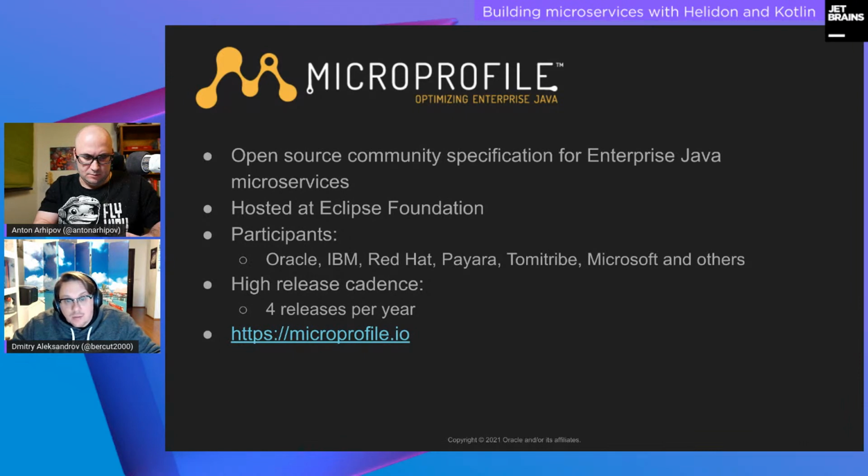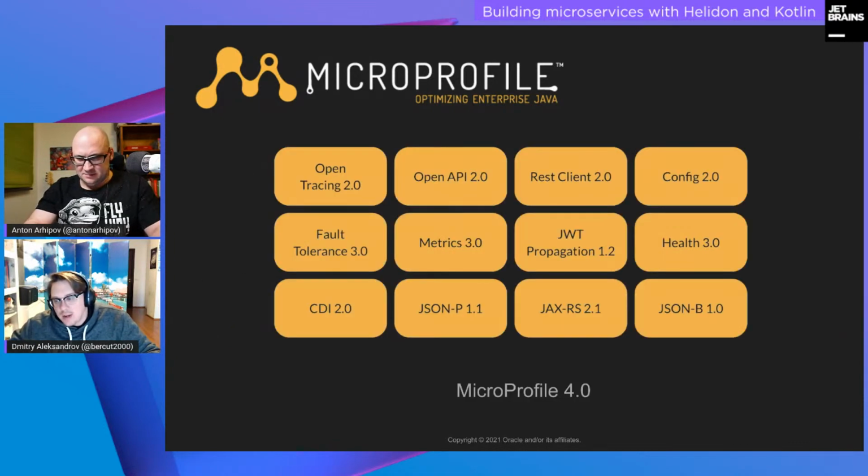And as you see, the participants are really many. We have Oracle, IBM, Red Hat, Payara, even Tomitribe, of course, and even Microsoft is already there, which is kind of interesting. With really high cadence, four releases per year, the specifications evolve quite quickly. Currently, the version of MicroProfile is 4.0, and we have this set of 12 specifications, although in the beginning there were only 3 of them.